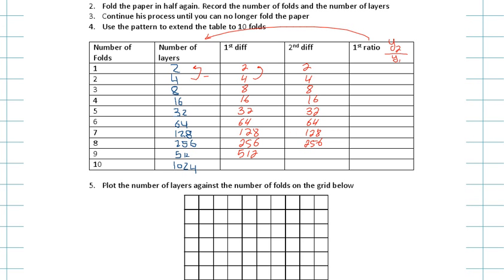That's 4 divided by 2, which is 2. Then 8 divided by 4 is 2. 16 divided by 8 is 2. They're all going to be 2s because it's doubling. So my ratio is constant, which is 2.